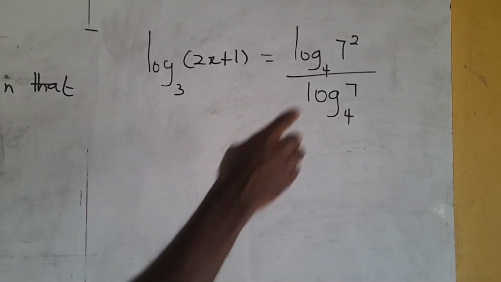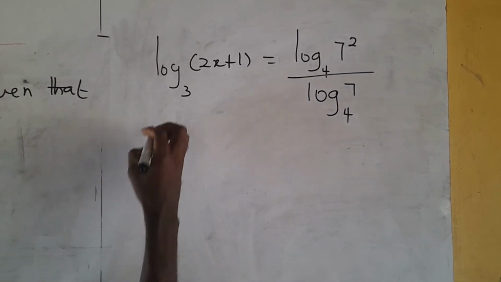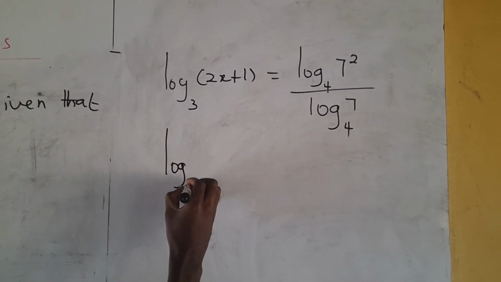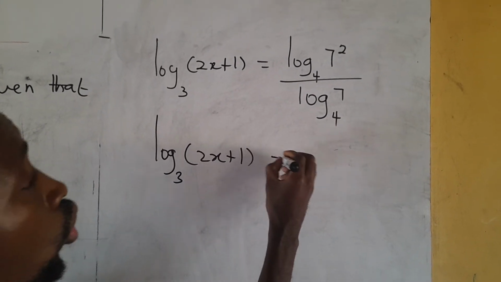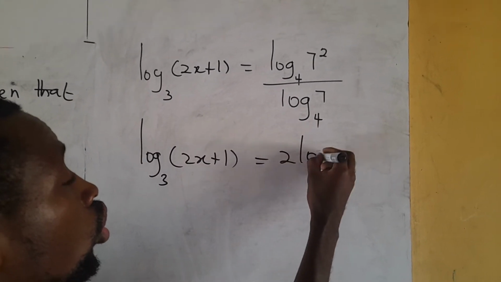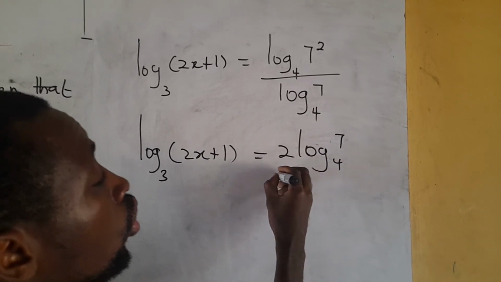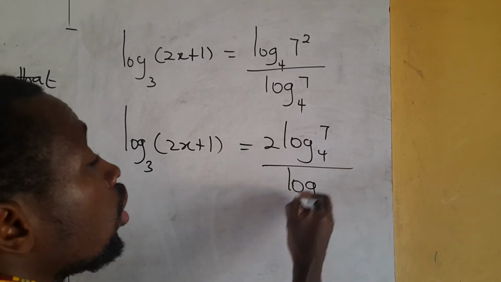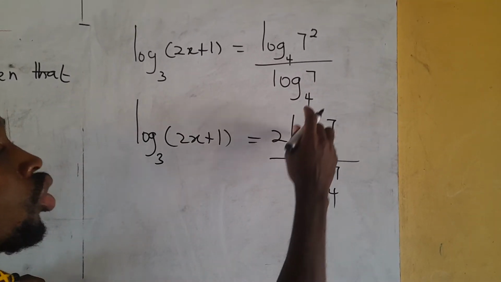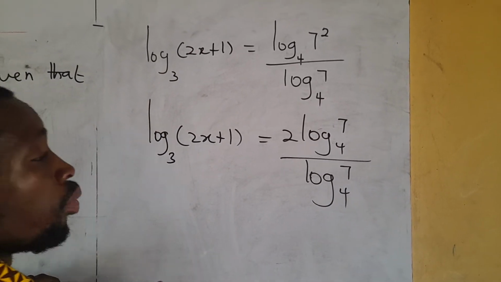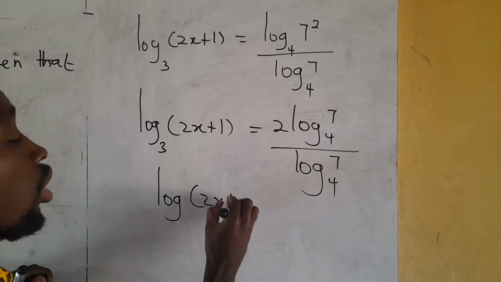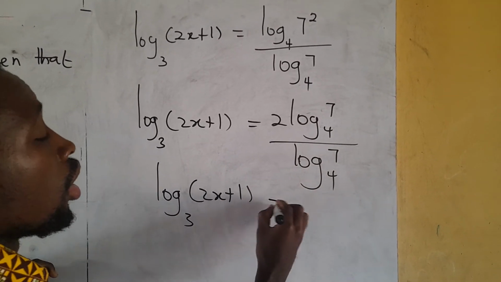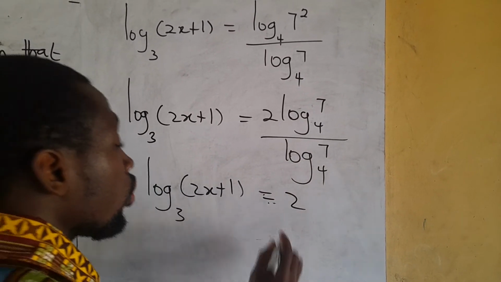So we apply the third law here by dropping off the exponent. So log 2x plus 1 base 3 will be equal to 2 log 7 base 4 over log 7 base 4. The log 7 base 4 can divide log 7 base 4. What will be left there will be 2. So we have log 2x plus 1 base 3 is equal to 2.